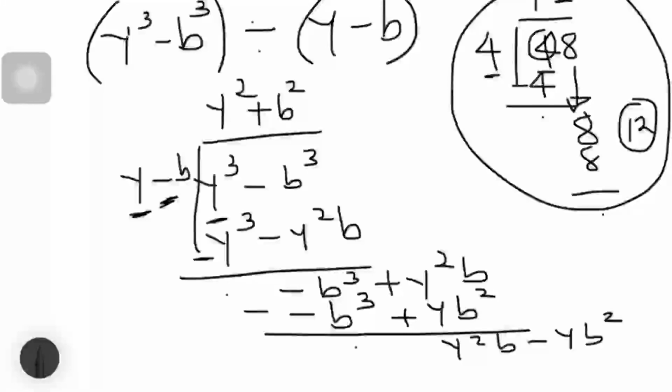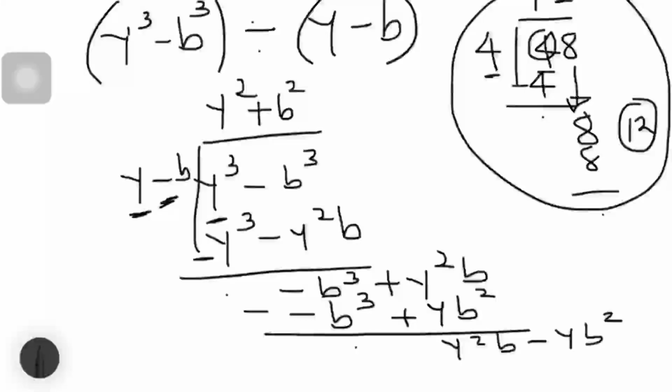From y squared b and y b squared, the one that has the highest power, they are the two of them, we have y squared and again b squared. Okay, so from the two, we are going to get the y and the b, and therefore we'll multiply the y minus b by yb.